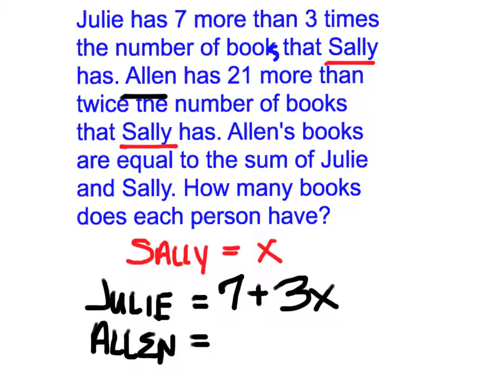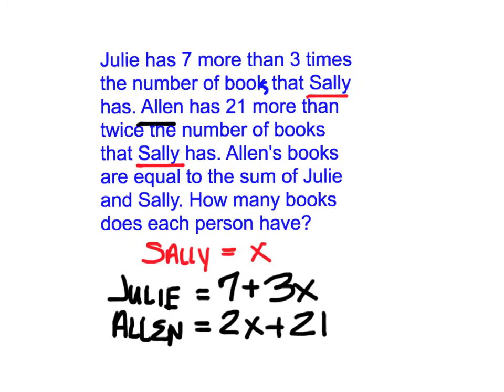Alan has 21 more than twice the number Sally has. So what is 21 more than twice Sally? 2x plus 21. Alan's books are equal to the sum of Julie and Sally.